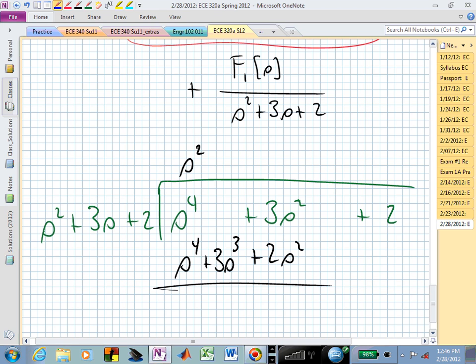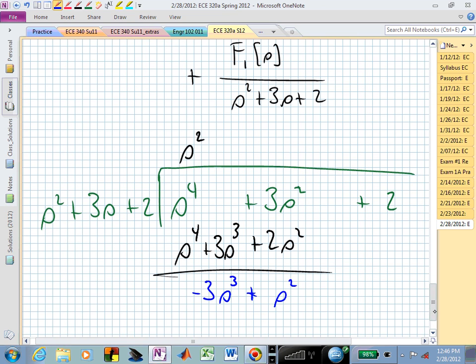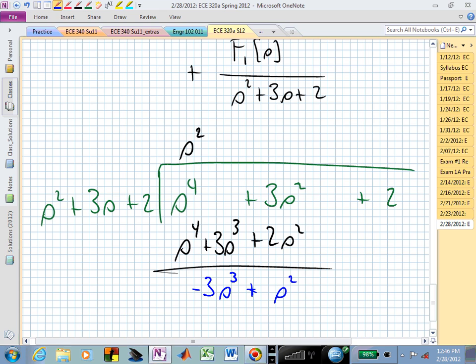The s to the fourth does that for me, and now I subtract 3s cubed from nothing, and I subtract 2s squared from 3s squared, and end up with the following remainder. Now I need to divide my denominator into that remainder, minus 3s cubed plus s squared. What's my next quotient term?